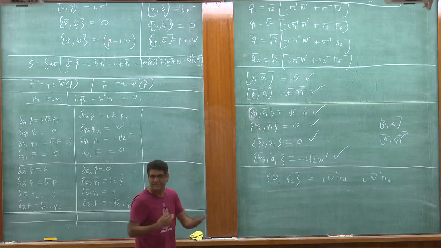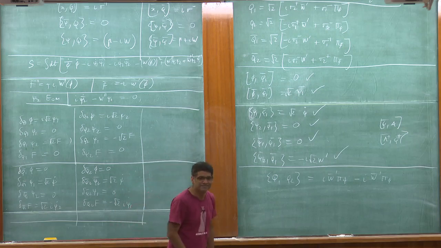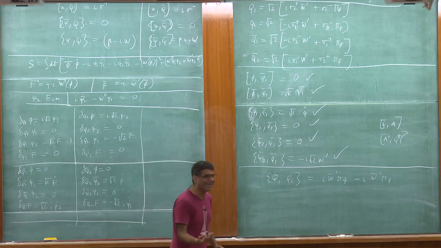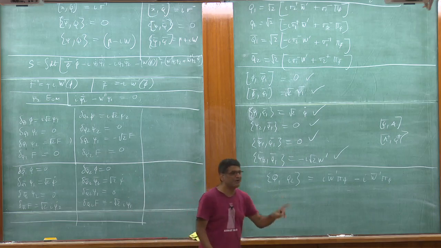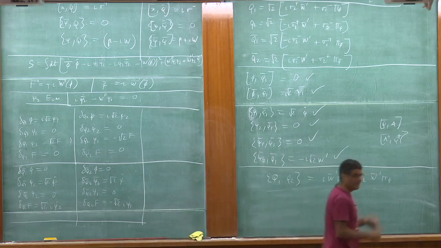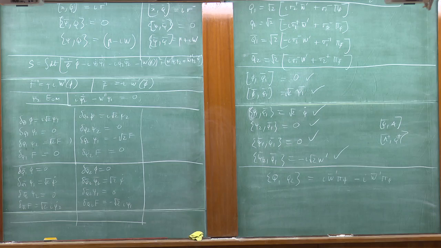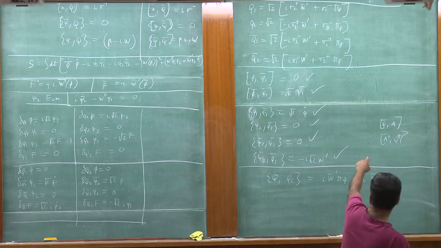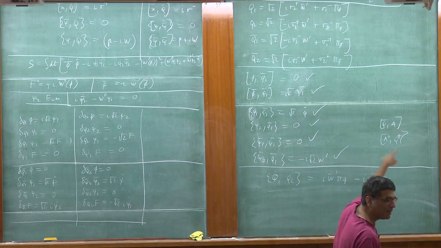Is this clear? Of course, sigma 1 and sigma 2 don't talk to each other. And you might have been worried, what about the pi phi? But remember, W was holomorphic, a function of phi, and W bar is a function only of phi bar. So in Q1 and Q2, the pi and the phi don't talk to each other, because there's a function of phi bar and a pi of phi.